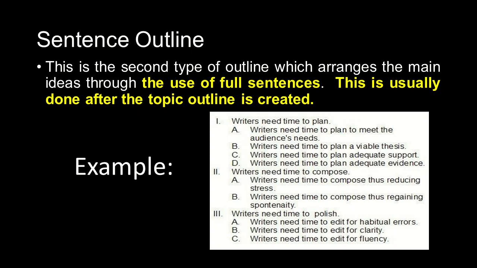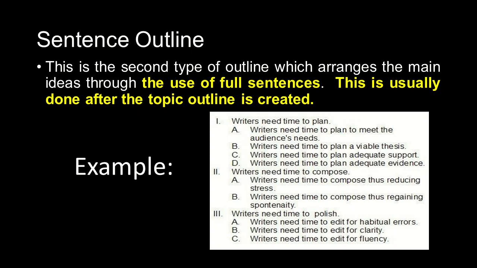This is usually done after the topic outline is created. So again, once you are satisfied with the components and the flow of the thoughts in your topic outline, it is now time to expand those words and phrases into full sentences.